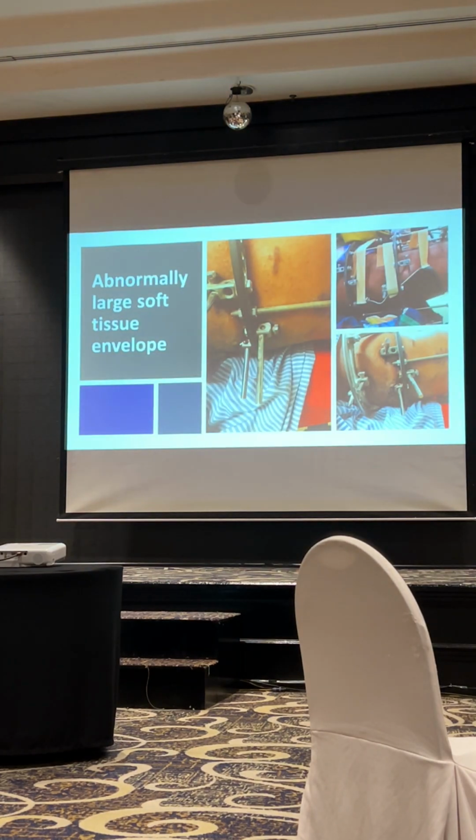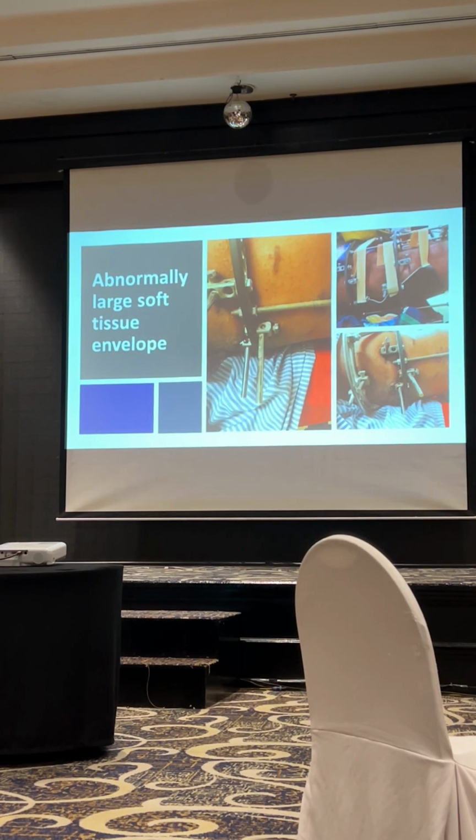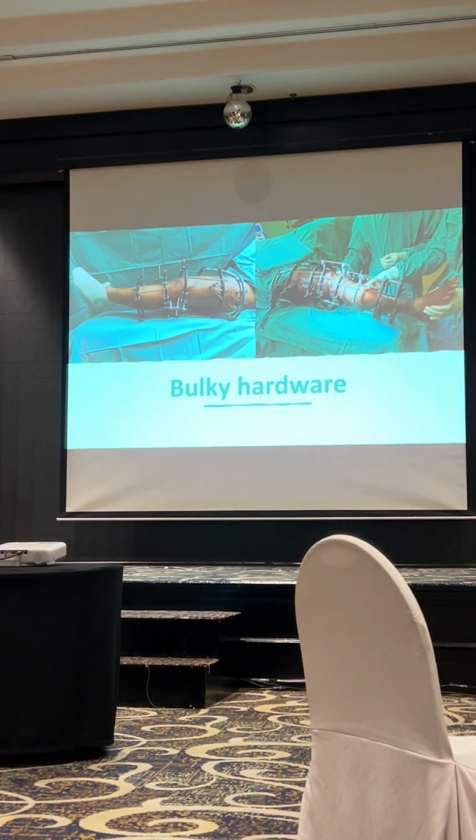Next. Abdominal soft tissue, this is not uncommon. You'll encounter patients with a very, very huge thigh or leg. So putting Ilizarov is not easy. It comes with a price as well. Bulky hardware. In the beginning of my training, we tended to put Ilizarov for the whole limb as well, femur and tibia.